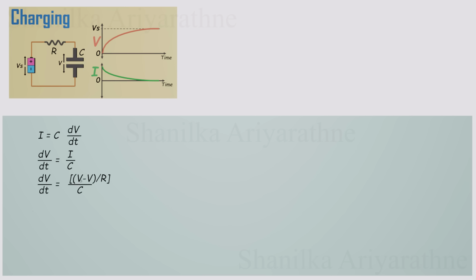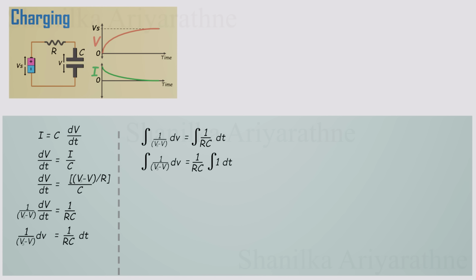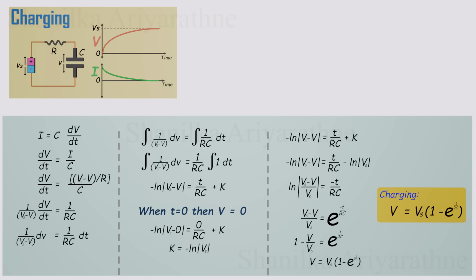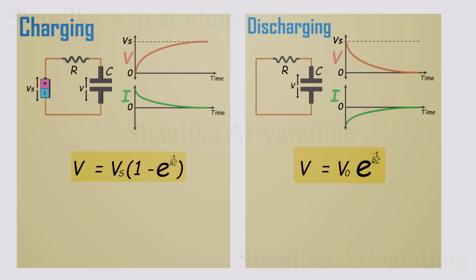In other words, voltage across the resistor is Vs minus V. The rest of the steps are very similar to what we did for discharging. This tells us how the capacitor's voltage grows over time, starting from 0 and gradually getting closer and closer to the supply voltage.